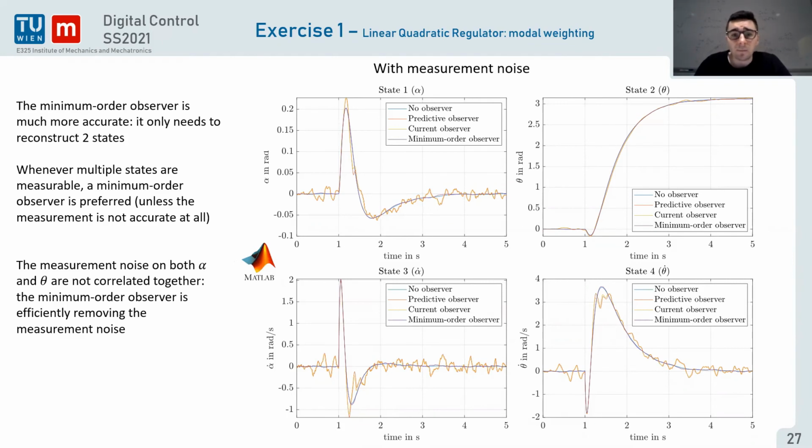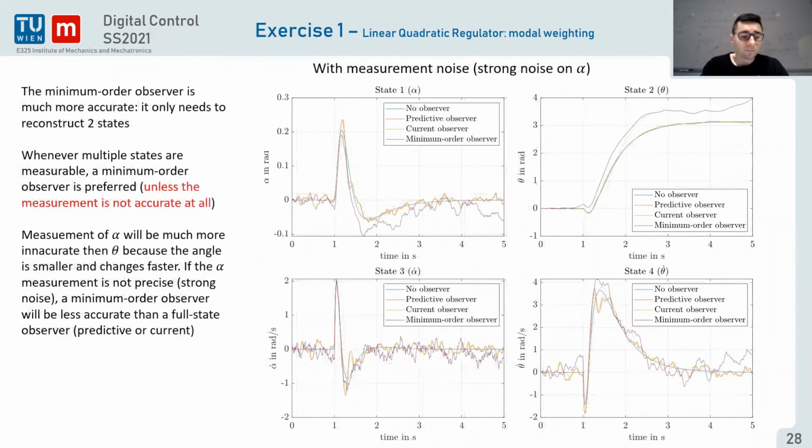Now you can see that the minimum order observer is almost equivalent to the no observer method, because the only difference between the purple and the blue line is the noise, and the noise is pretty small. You can, for example, see it a little bit here. So if the noise is small, then using a minimum order observer is perfectly fine.